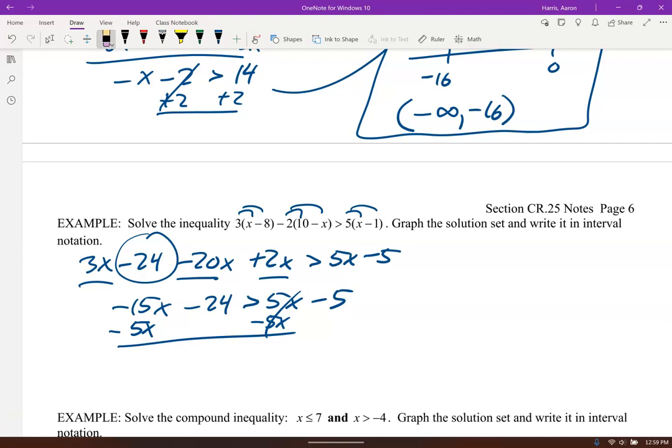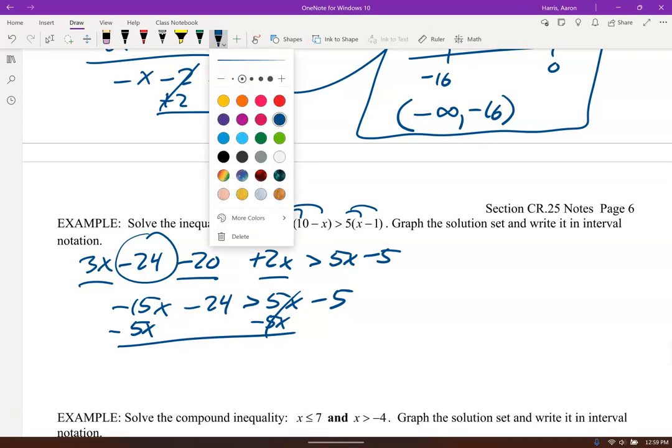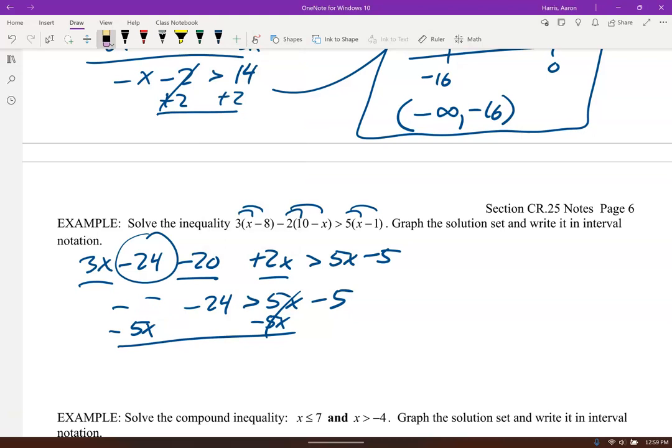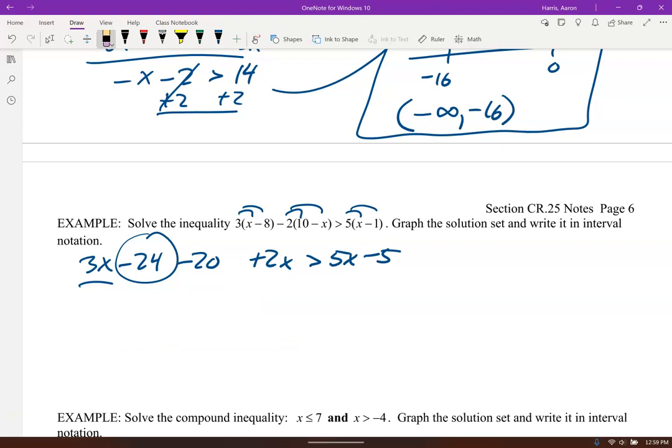My bad. 3x minus 24 minus 20 plus 2x. Sorry about that. That changes things. So we have 3x plus 2x is 5x, minus 24 minus 20 is minus 44. My apologies.